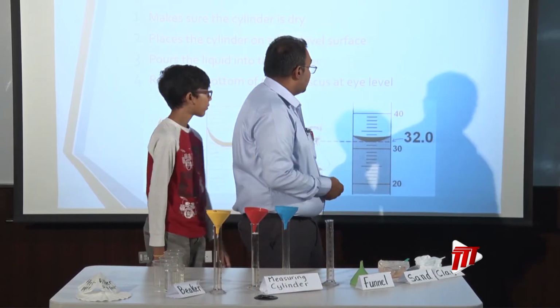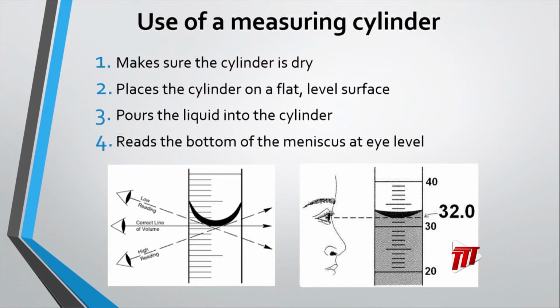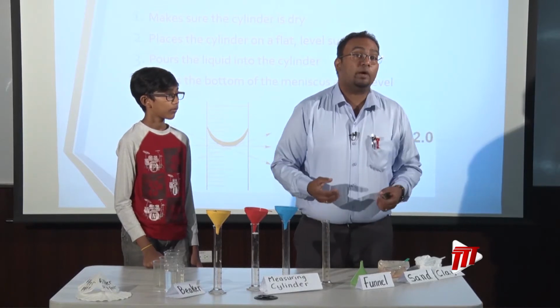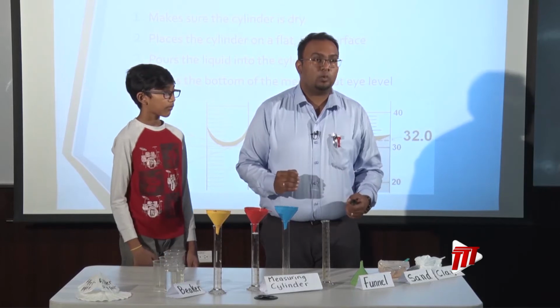So it is important that you understand and look at your measuring cylinder and the graduations and the size before you use it. Depending on your experiment, you may need a bigger one or a smaller one.